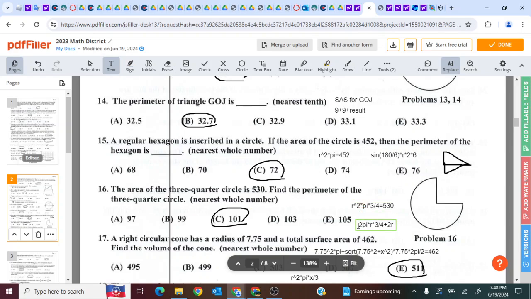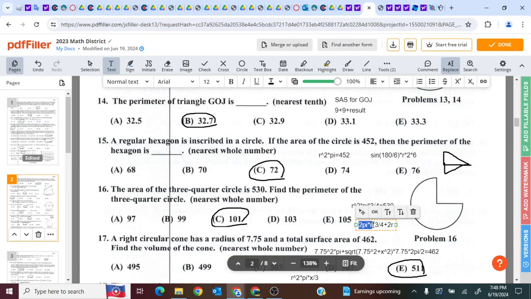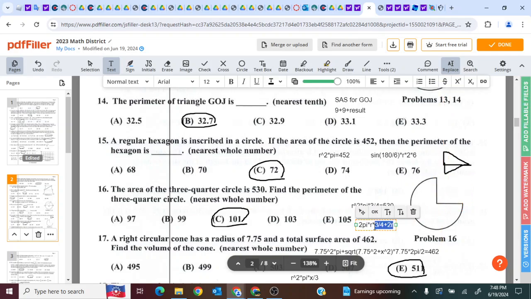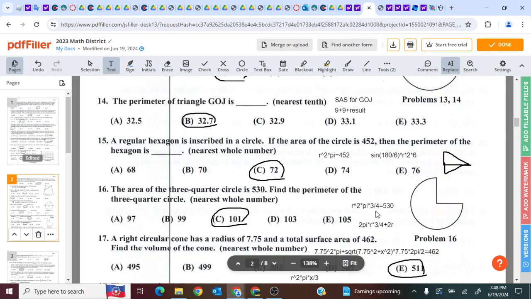Then the perimeter is going to be the circumference value. The circumference of a circle is normally 2 pi r, but since it's 3/4 of the circle, you multiply by 3/4. And then you also have these two segments of length r there. If you add those together, you get a value of 101.